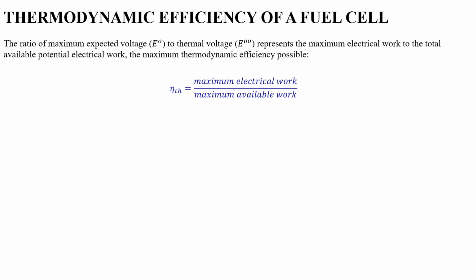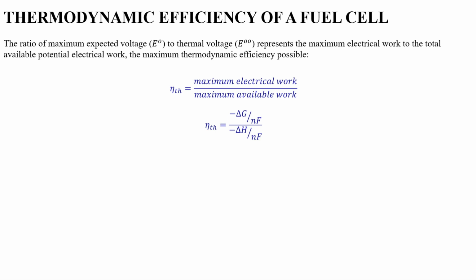Maximum electrical work is basically represented by minus delta G over nF, and maximum available work is represented by minus delta H over nF. Maximum available work means that the entire chemical energy is converted into electrical energy.